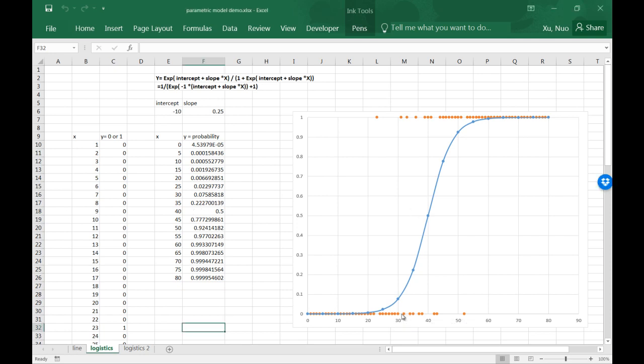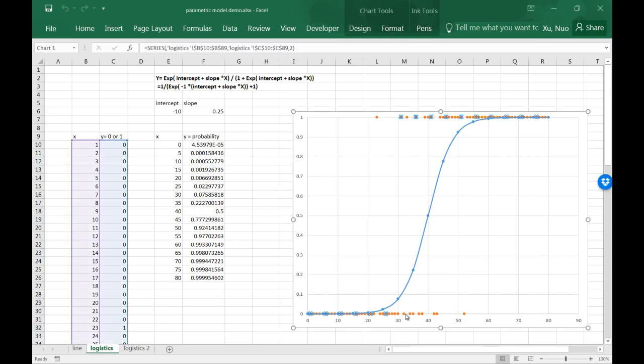Set 1 is the points between a target variable and an attribute. Set 2 are points that form this S-shaped curve.